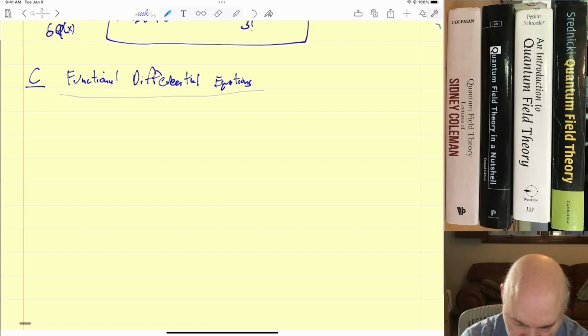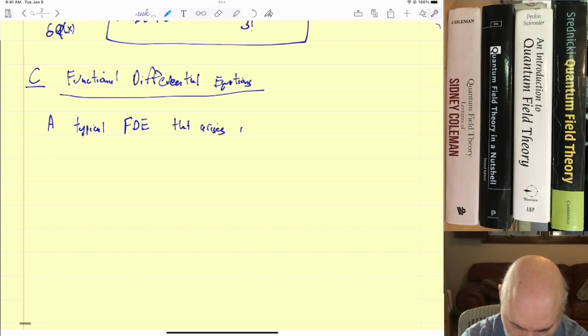So a typical, I'll call it FDE, that arises in QFT is the following.